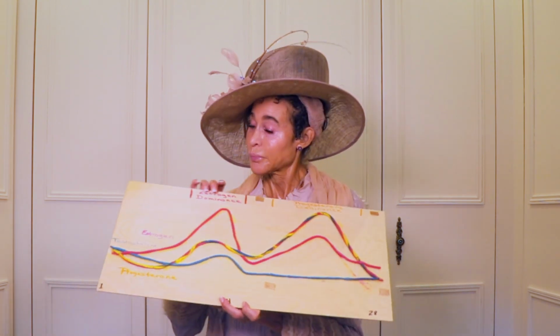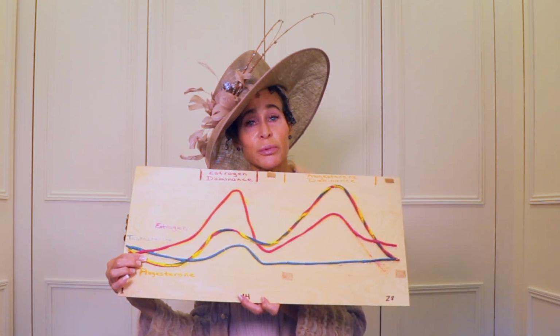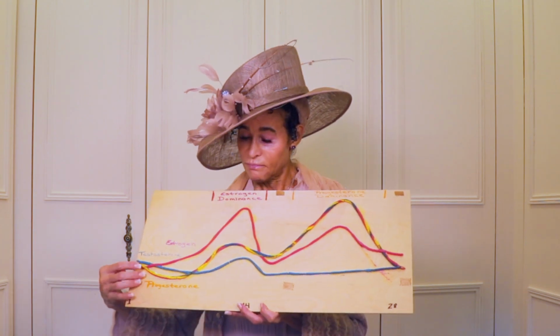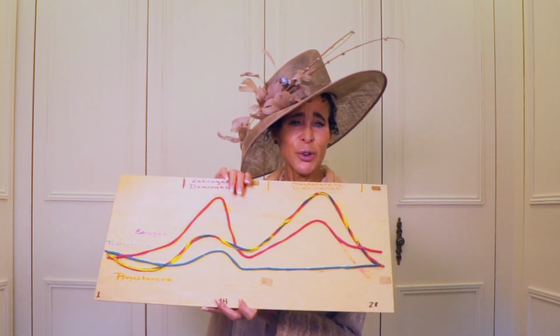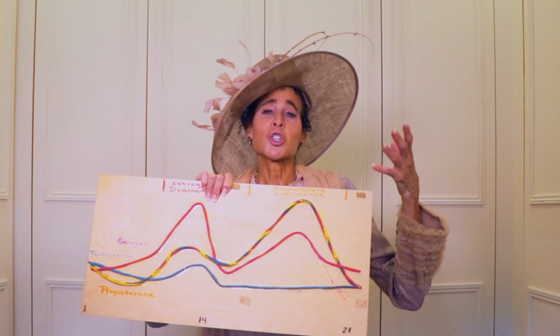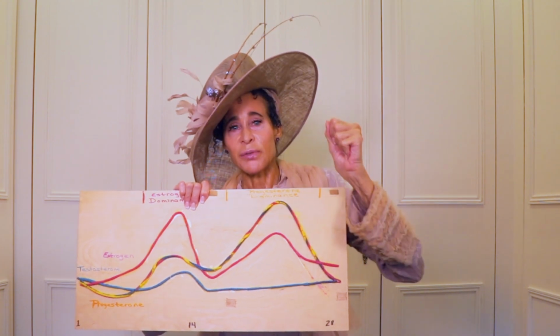Okay, now let's shift our focus to the multicolored line, which represents progesterone. Notice that progesterone is fairly low during the entire first half of your cycle. Some depictions show progesterone as merely a low flat line throughout the entire first half of your cycle.